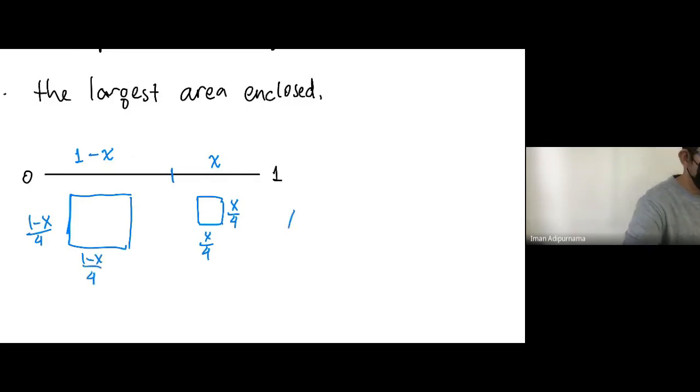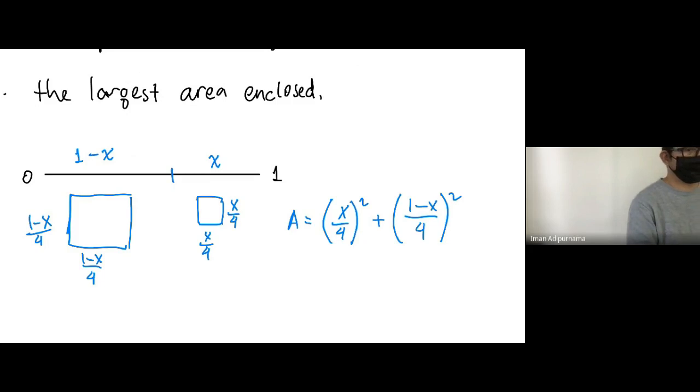So the total area of these two will be x over 4 squared, plus 1 minus x over 4 squared. Okay. I think this should do for the formulation of the area.